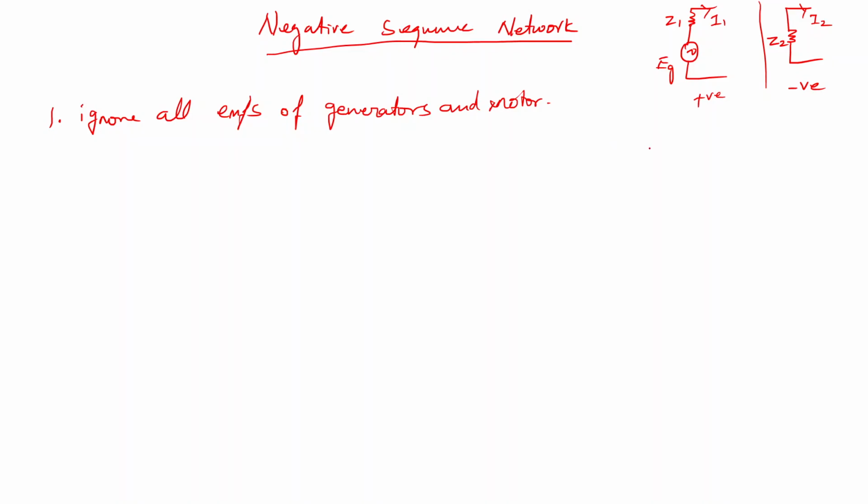And for motors also. Next, for static equipment, we already discussed this: Z1 is equal to Z2.